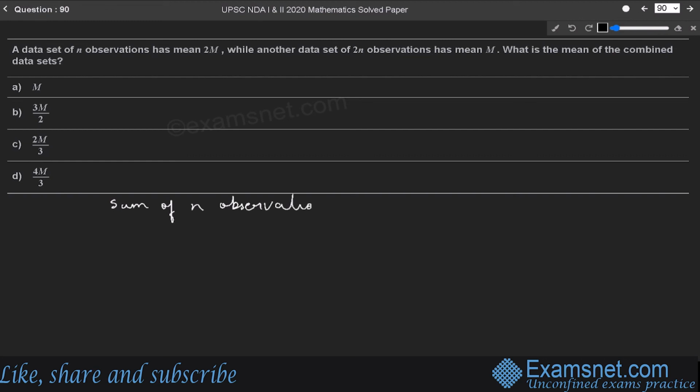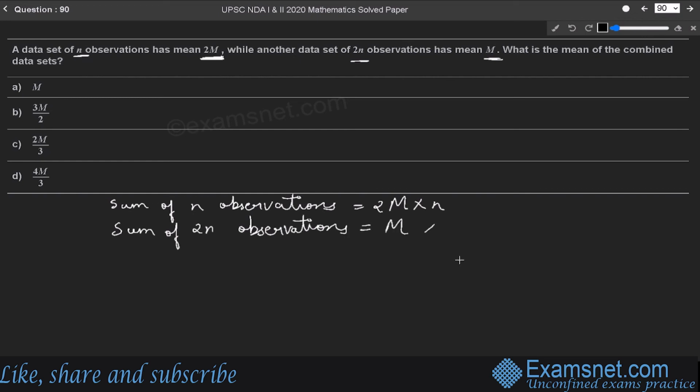So sum of n observations is equals to 2m into n, because when there are n observations the mean is 2m, and when there are 2n observations the mean is m. So we can write that sum of 2n observations is equals to m into 2n.